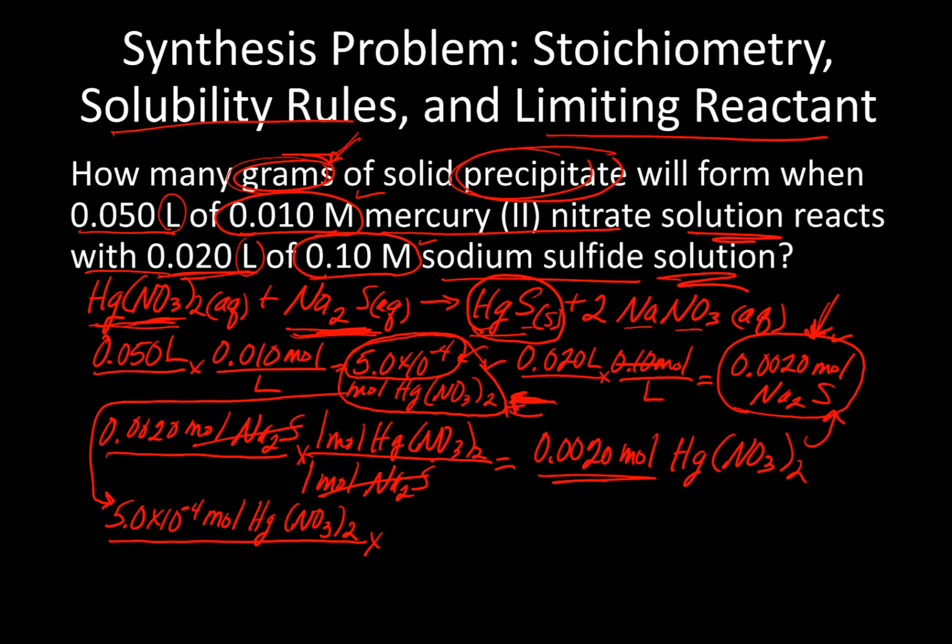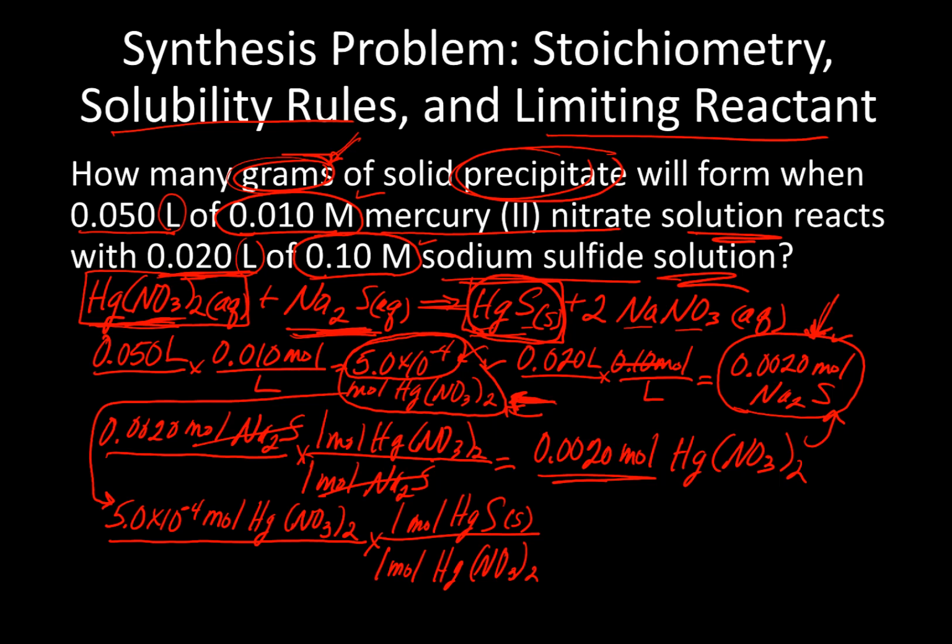So for every 1 mole of mercury nitrate that reacts, I have 1 mole of mercury sulfide being produced. I'm just going to formally write all this out, but you could skip this conversion factor because it's a 1-to-1. I just like to write everything out so that I'm clear with what I'm doing.